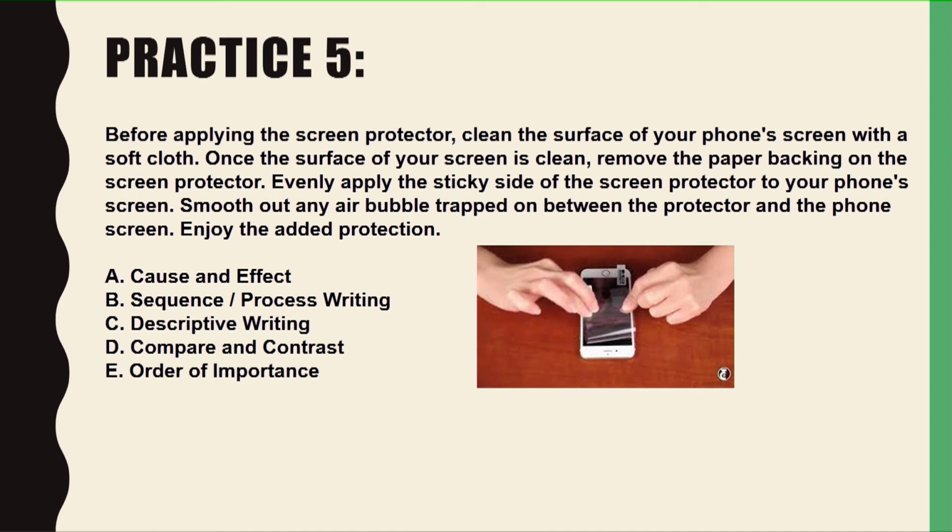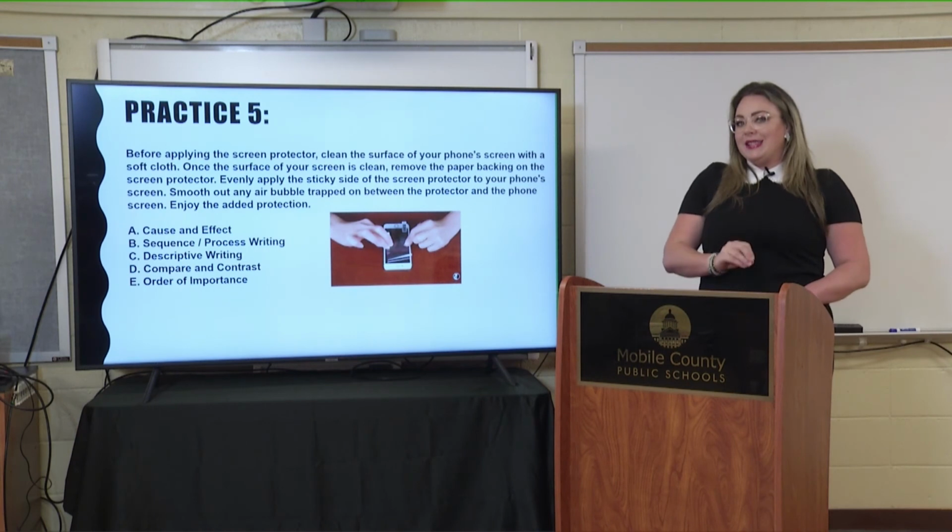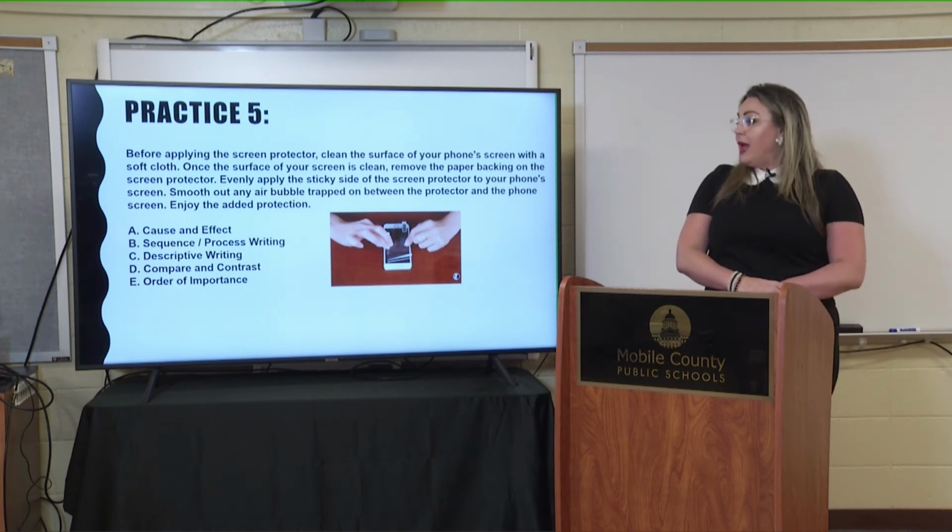Most of you high school students are experts at this because we all crack our phones. So, what type of text structure is this passage written in? Would it be A, cause and effect, B, sequence process writing, C, descriptive writing, D, compare and contrast, or E, order of importance?